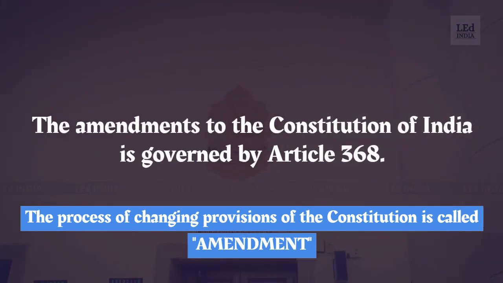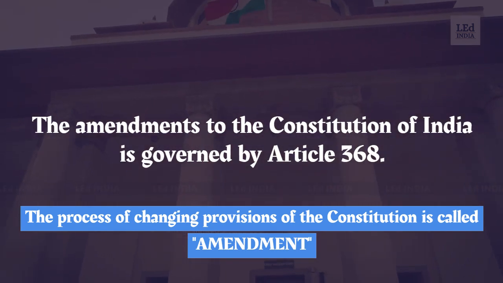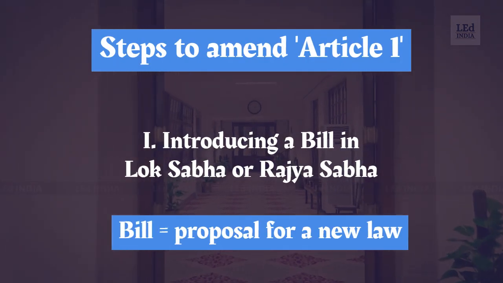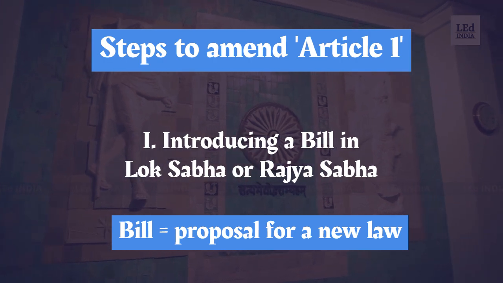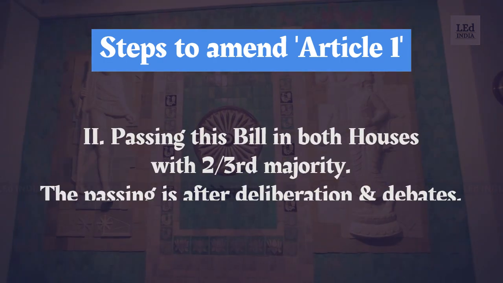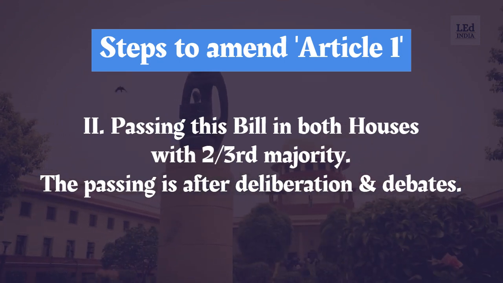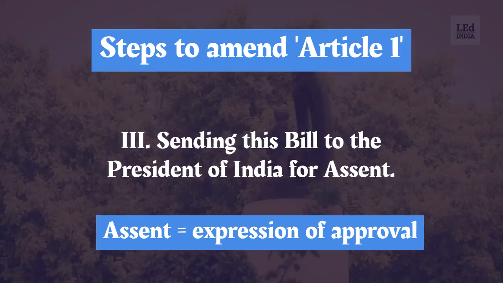Any amendment to the Constitution is governed by Article 368 of the Indian Constitution. The steps to amend Article 1 will include: first, introducing a bill in the Lok Sabha or the Rajya Sabha. Second, passing the bill in both houses with a two-thirds majority. Third, sending the bill to the President for assent.